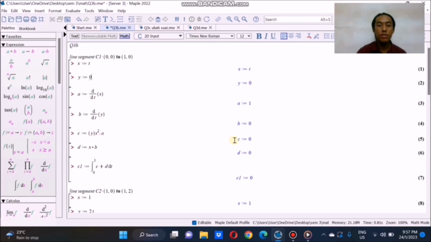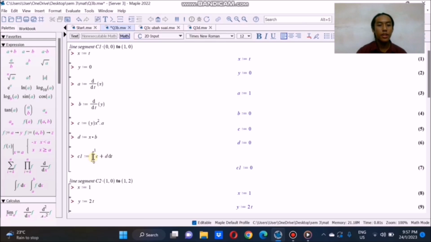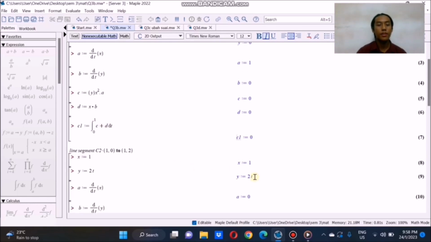So eventually the answer will be c equal to 0. Next, d is equal to x times b, and b just now is 0. So the answer will be d equal to 0. So for C1, I integrate with the limit of 0 to 1, c plus d, and the answer of the integration will be 0.